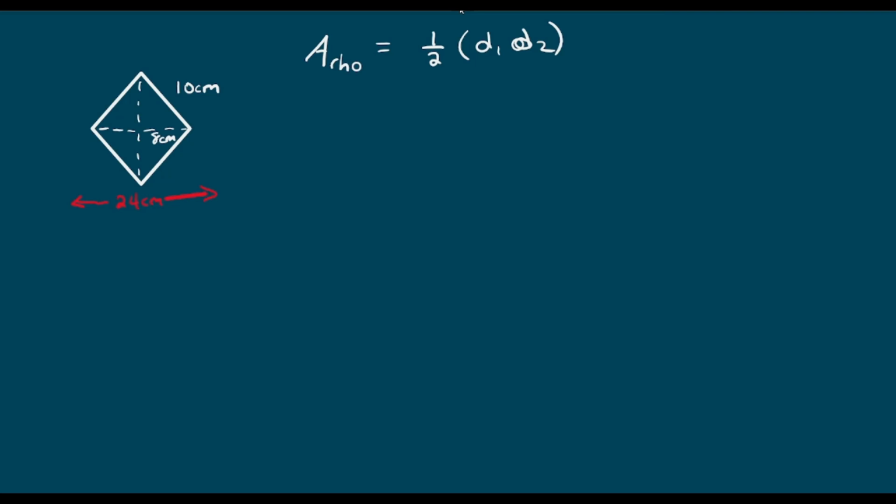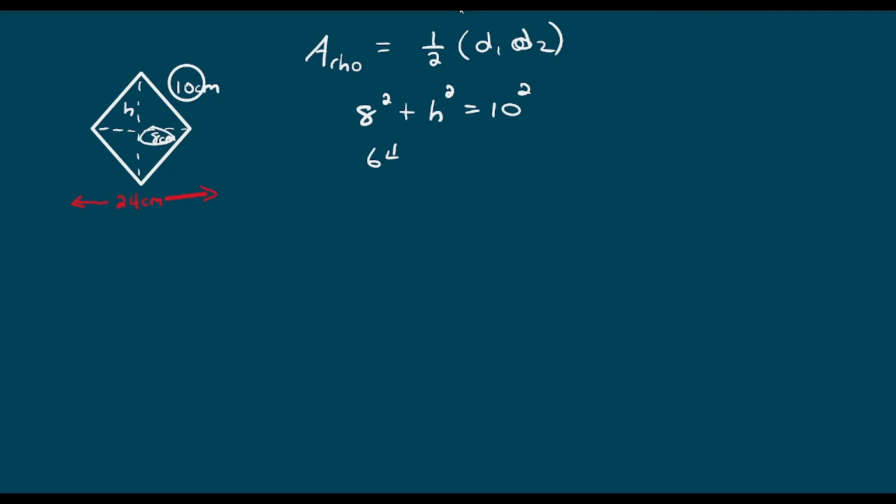And to find our first diagonal, we would need to use Pythagoras' theorem. So we have the side right here being 8 centimeters, so that would be 8 squared, plus right here, I'll call that h, h squared, and that will be equal to this, which is 10 squared.